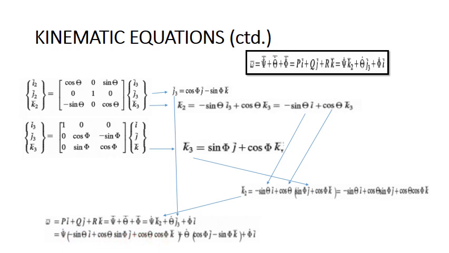Now we have represented omega in terms of psi and theta and phi in the coordinate of the body axis system I, J, and K.